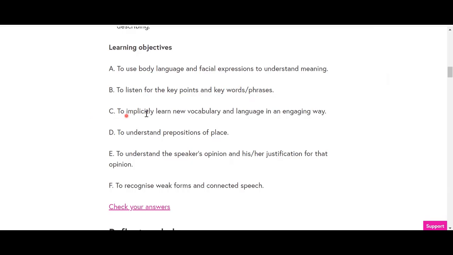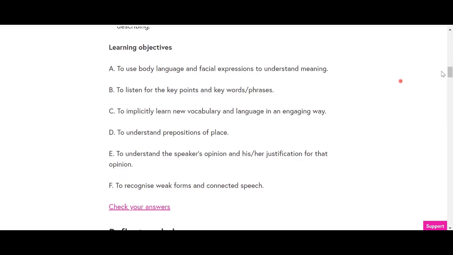C, to implicitly learn new vocabulary and language in an engaging way. D, to understand prepositions of place. E, to understand the speaker's opinion and his or her justification for that opinion. F, to recognize weak forms and connected speech.